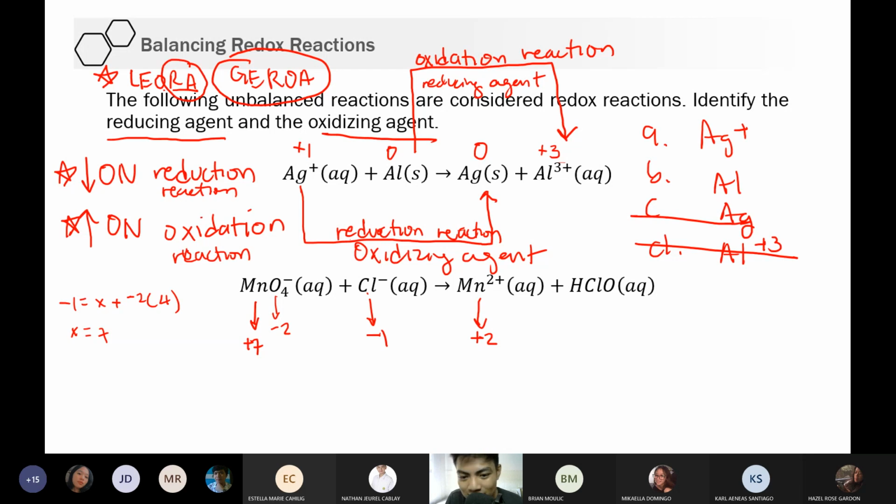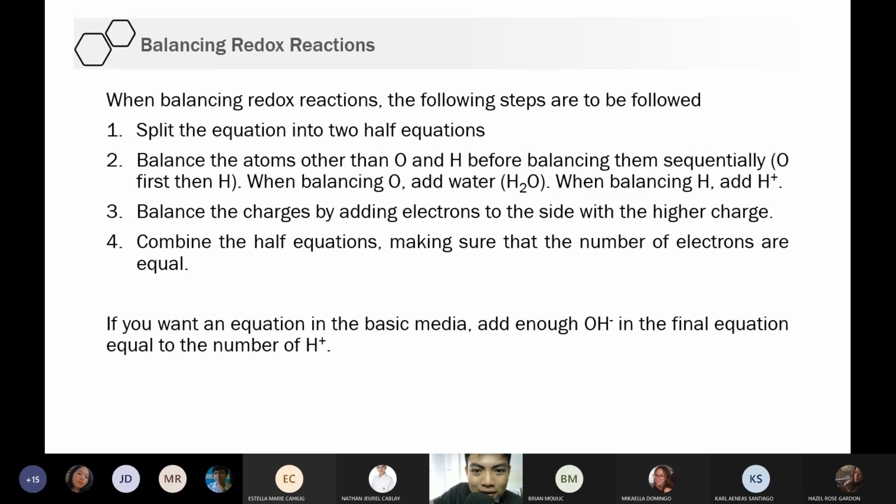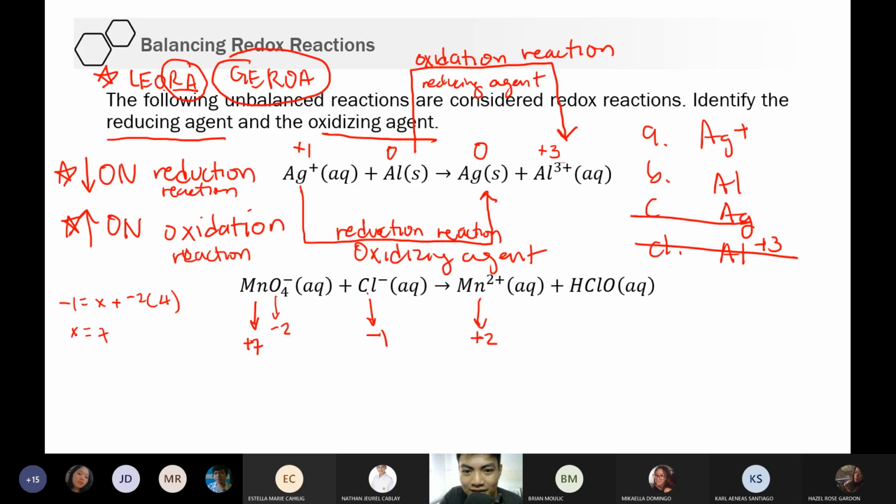Kulang elements dito, yes. Pero, iba kasi yung balancing niya. Okay? Kaya, next sem na lang. Next sem na yung mga ganong type. Okay? Kasi, yung gusto lang natin ngayon is the oxidation numbers. Okay? So, yun. So, Mn, positive 7. Oxygen, negative 2 yan. Cl minus, negative 1. Mn, positive 2, monoatomic ion.